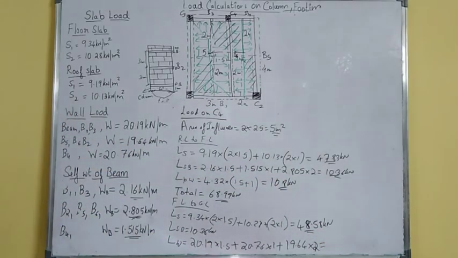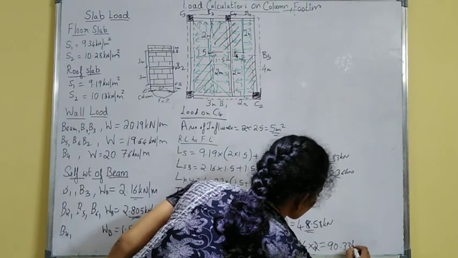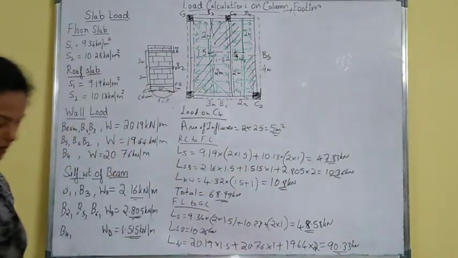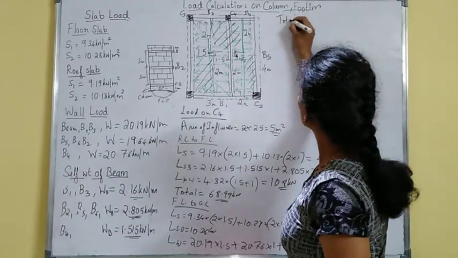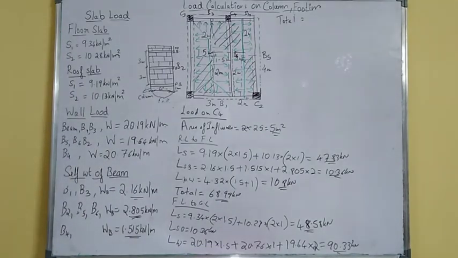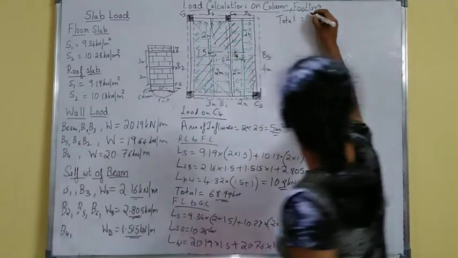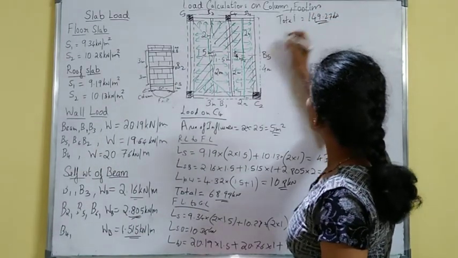Next for wall load you have 90.33. Okay, then total load will be 149.27 kilonewton.